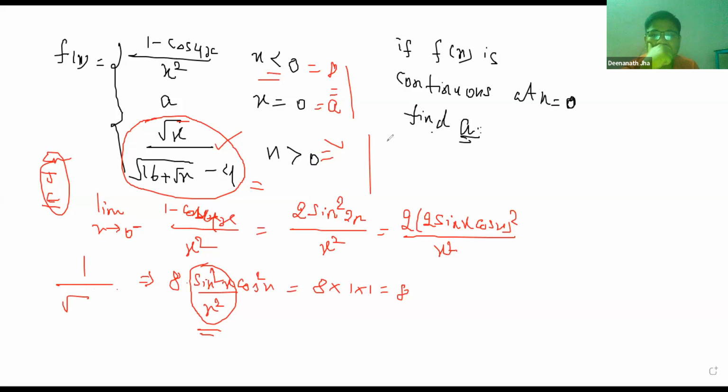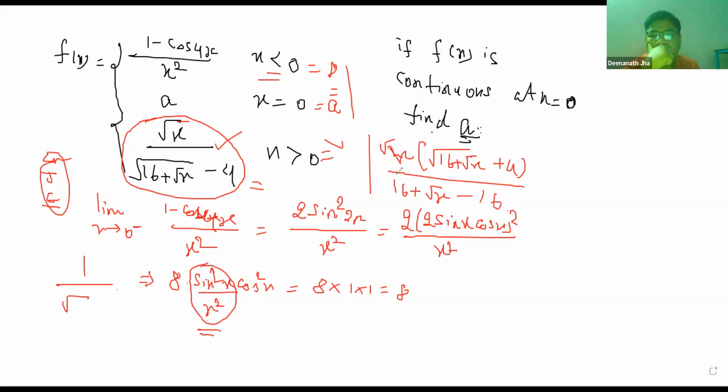It means root x, and root 16 plus root x plus 4. At least you can tell me: it will be plus 4, because here it is minus 4. Yes. So now the denominator will be 16 plus root x minus 16.